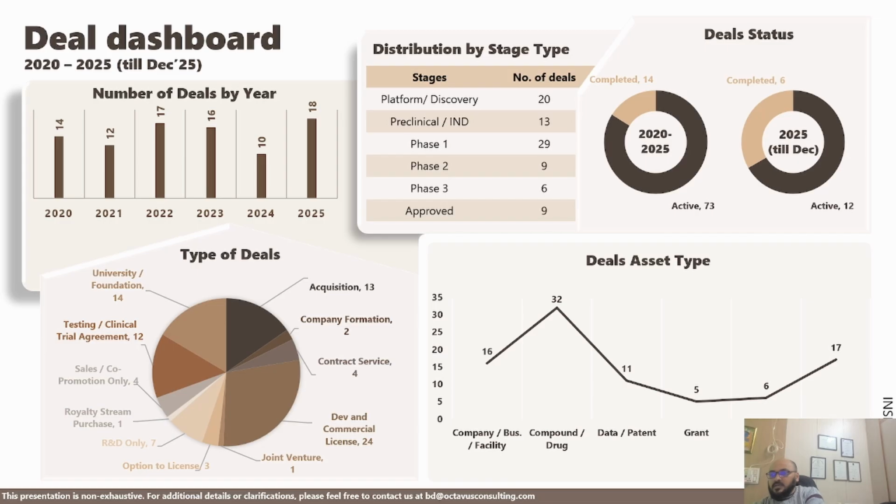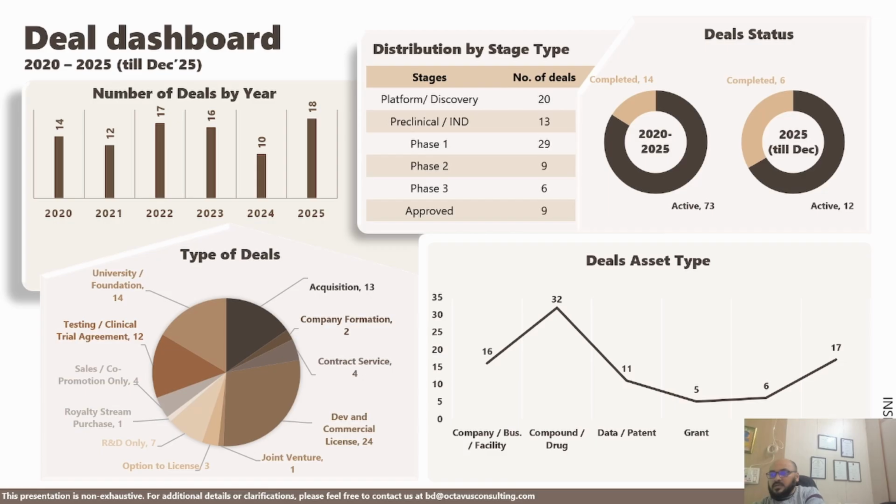In terms of deals, there are obviously a maximum number of deals. If you see the top, it is showing a consistent behavior. Every year we have double-digit deals. 2024 was a bit of a dip, but I think 2025 has seen a surge, and 18 deals were formed last year.